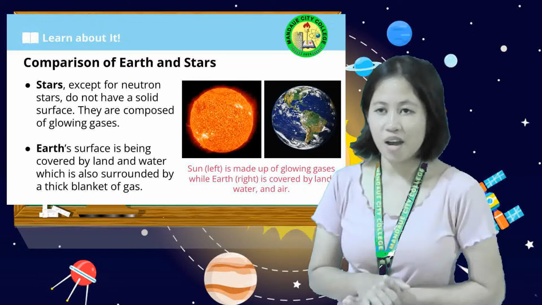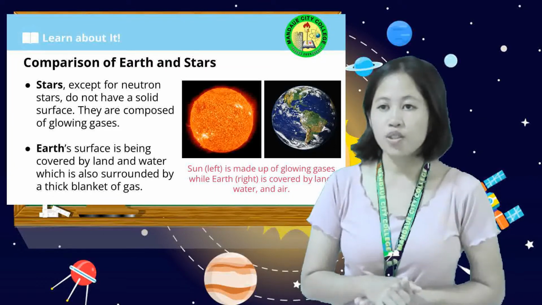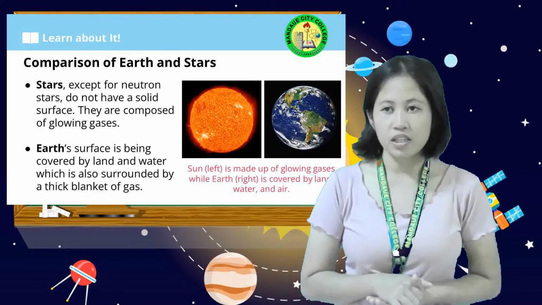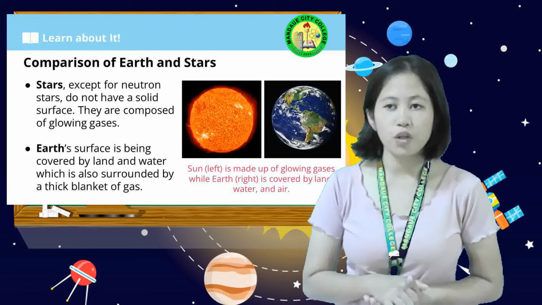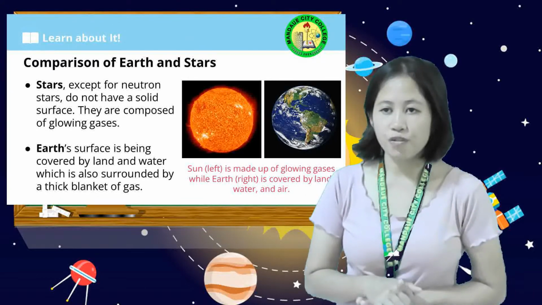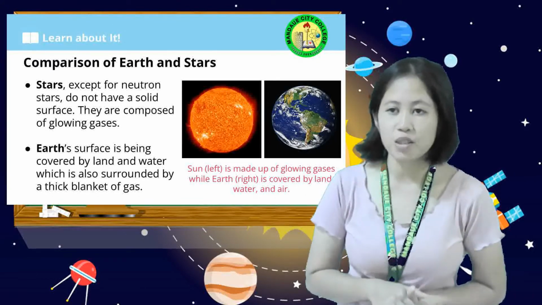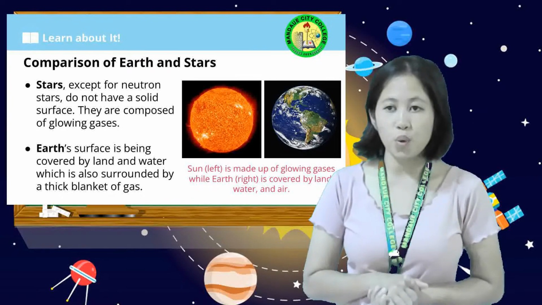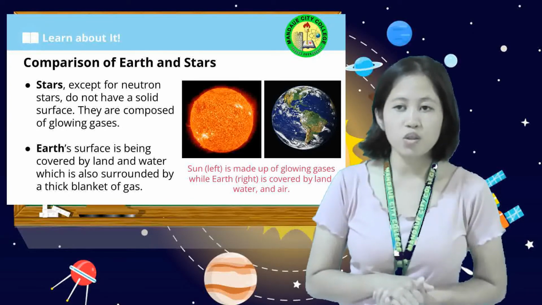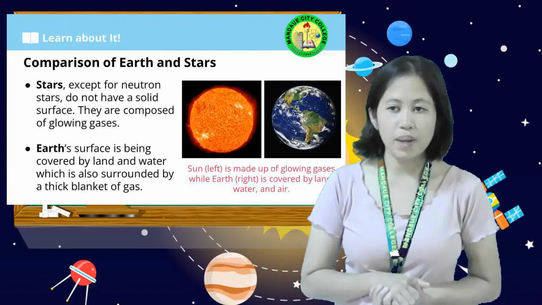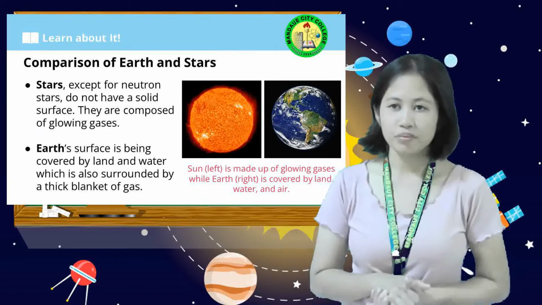Stars, except for neutron stars, do not have a solid surface. They are composed of glowing gases. Earth's surface is covered by land and water, which is also surrounded by a thick blanket of gas.